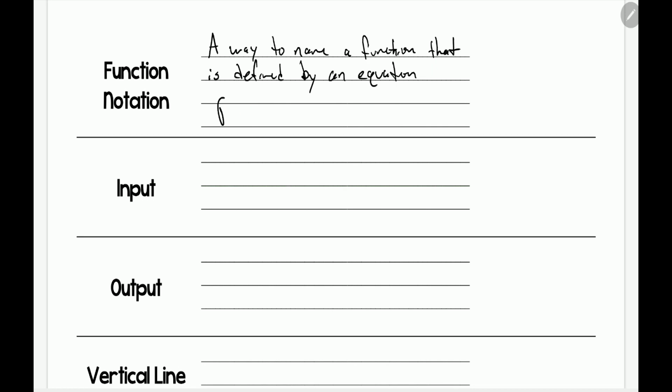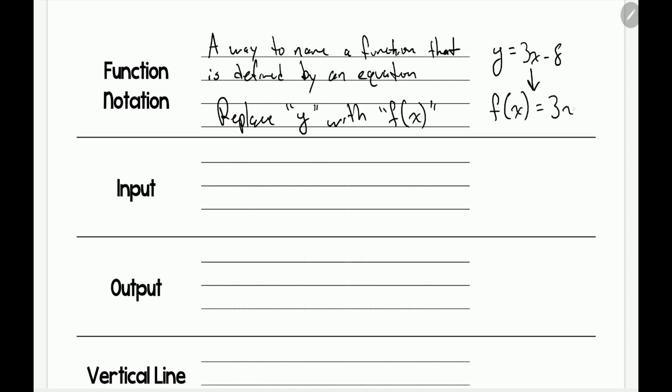Basically you replace y with f of x. So if we have the function y equals 3x minus 8, we can change that into function notation as f of x is equal to 3x minus 8, and that's it.